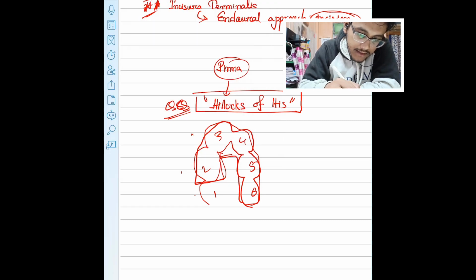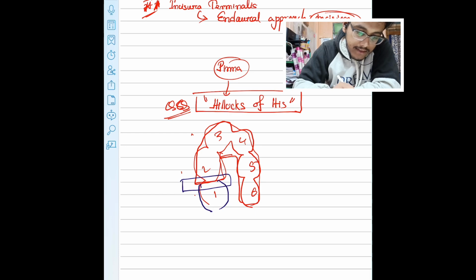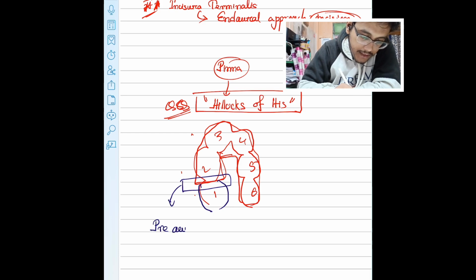While fusing, if there is a defect between the first tubercle and the rest of the structure, it leads to the formation of something called a pre-auricular sinus.